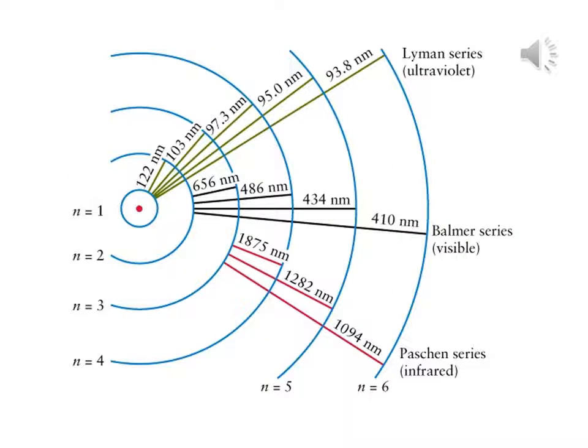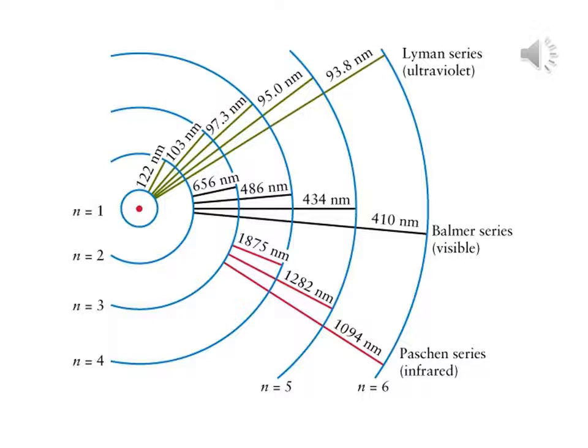Now if you have that proton and electron orbiting it, and the electron jumps from the second to the first energy level available to it, it gives off a certain color of light. The jumps that are visible are not to the first energy level but to the second energy level.